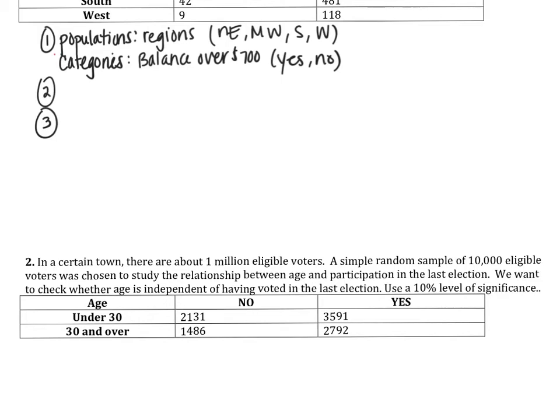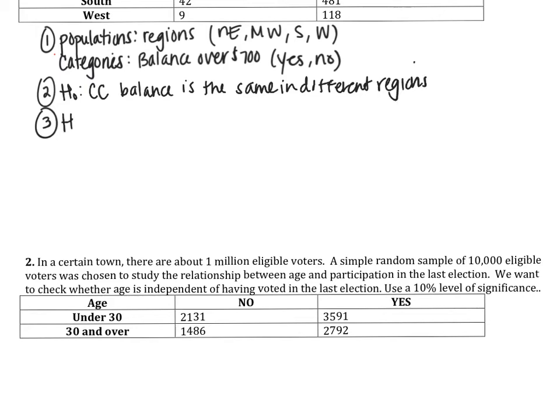So my null is that credit card balance is the same across the regions. And my alternate is that it is not the same.